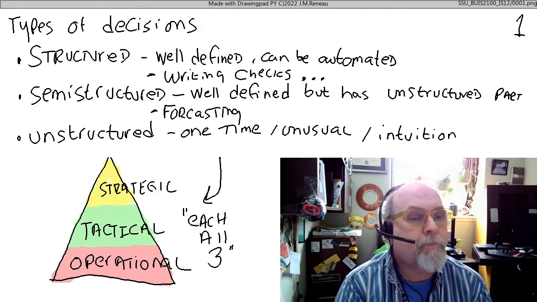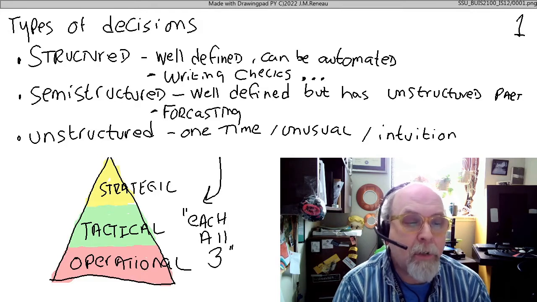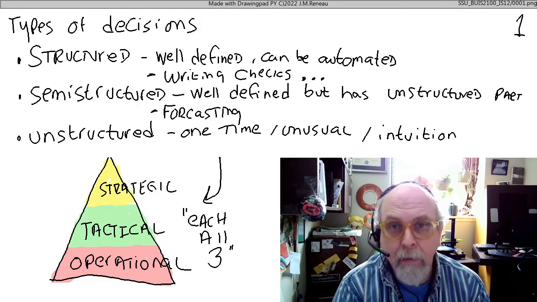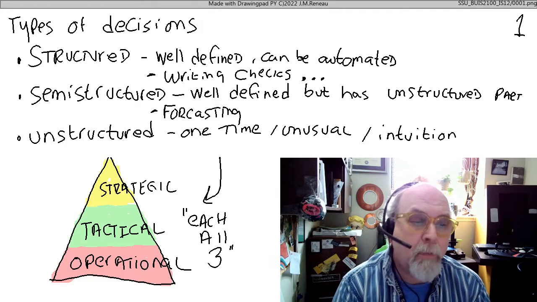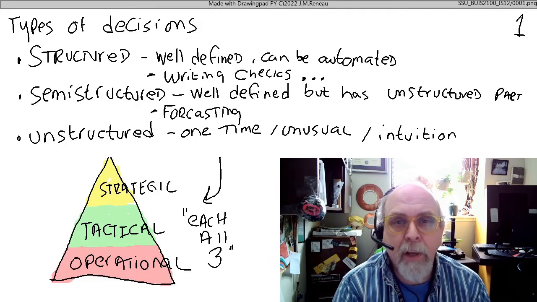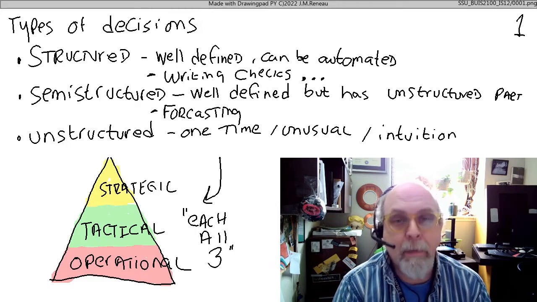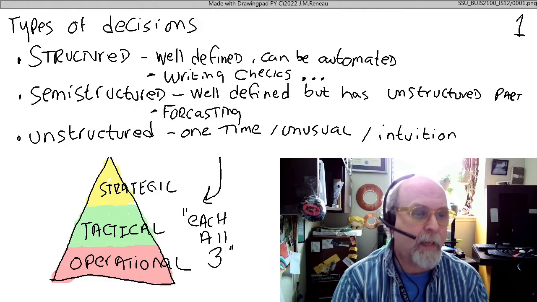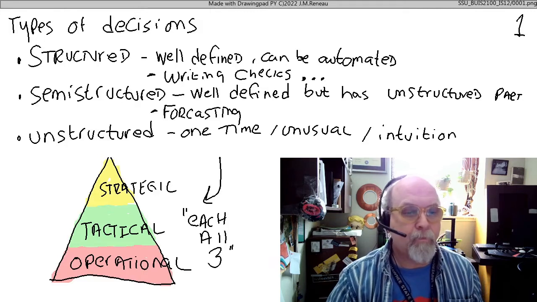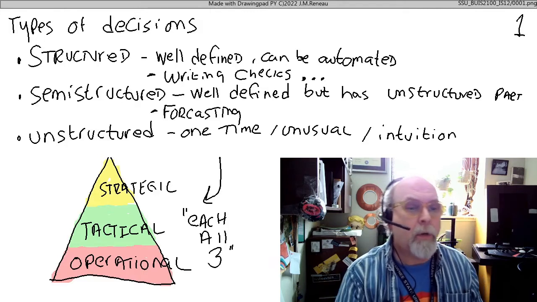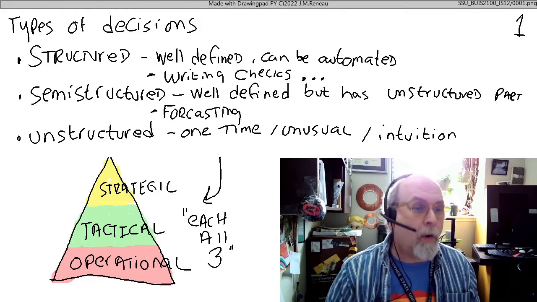There are decisions that we call semi-structured. A semi-structured decision is well defined, but has an unstructured part. Often a forecasting decision or something of that sort is semi-structured. What's for dinner?